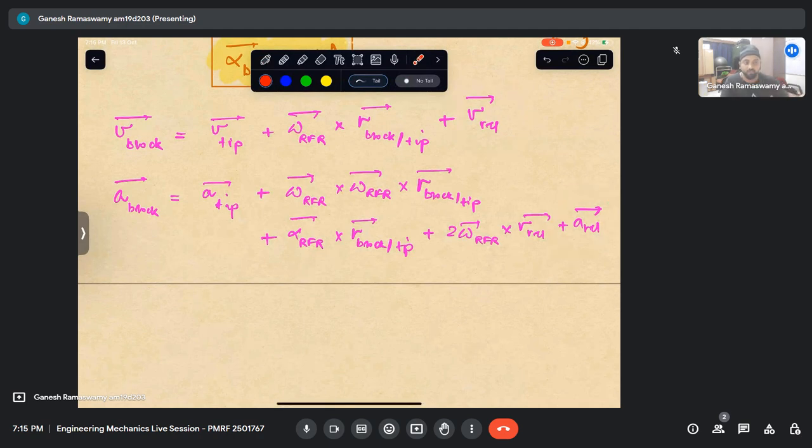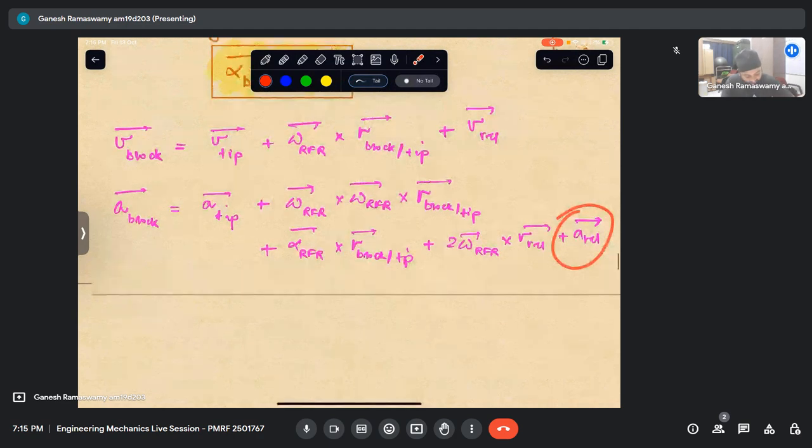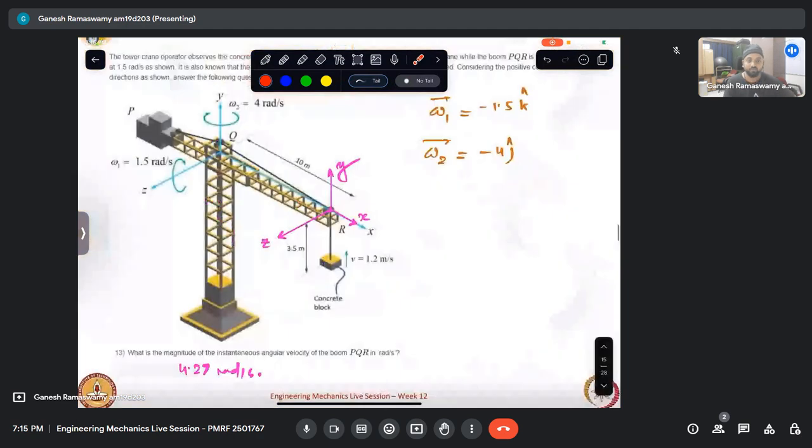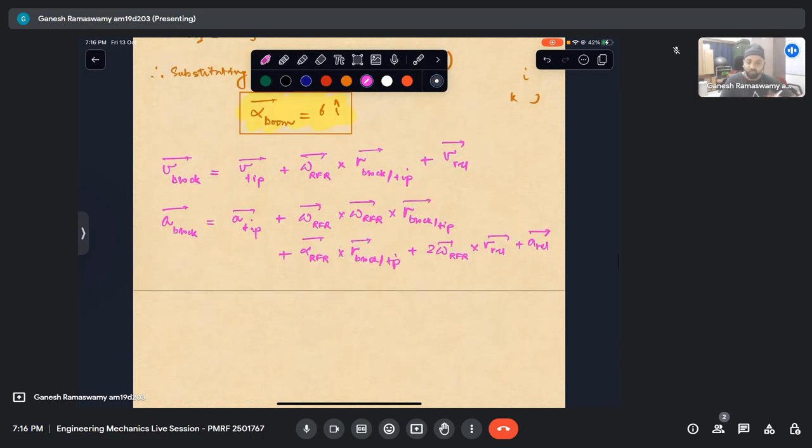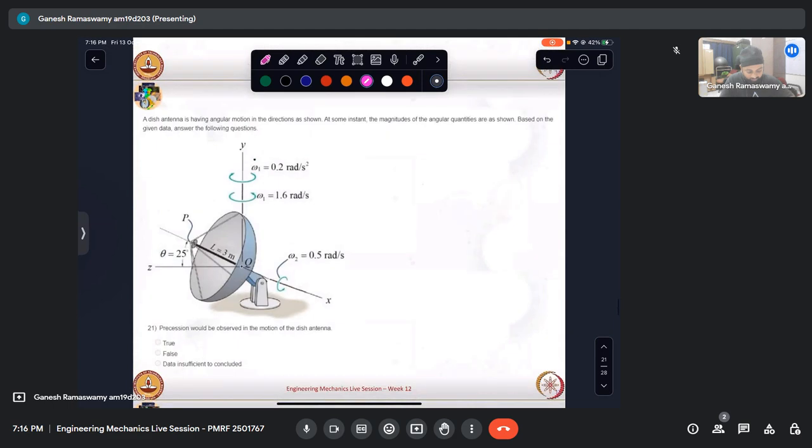AREL doesn't exist because it is said that it is going with a constant speed of 1.2 meters per second relative. Okay, so in that case, I will leave it here. I will calculate these values, substitute, and then when I post this sheet, I'll upload it with the filled up answers, because I just don't want to be doing cross products throughout the session.